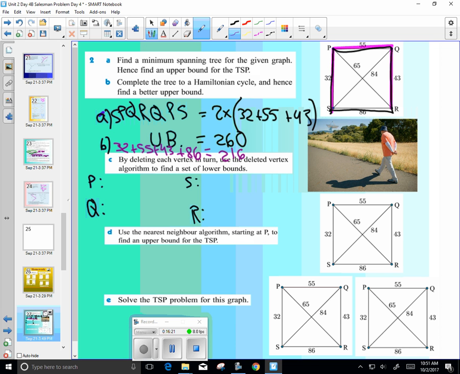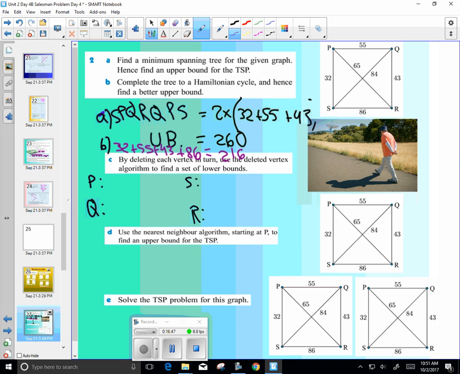Let's remove P and do the vertex one. So removing P, we just have to connect S, Q, and R. How are you going to do that? You're going to remove P. What are going to be the 3 you're going to want to use? Yes, you're going to want to do RQS.